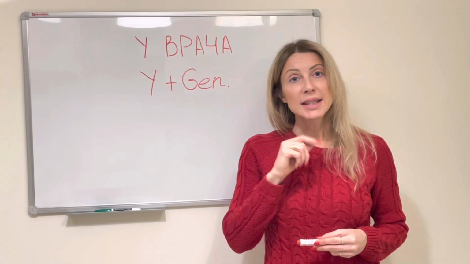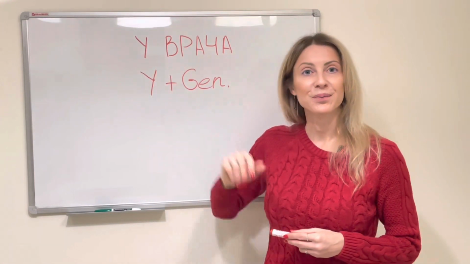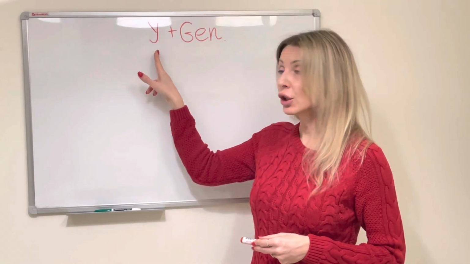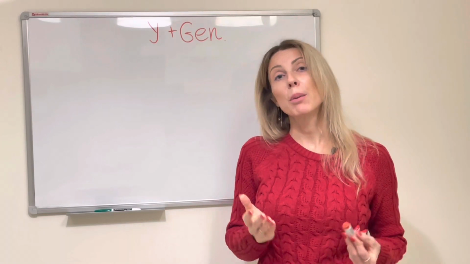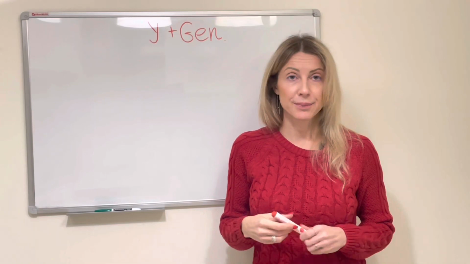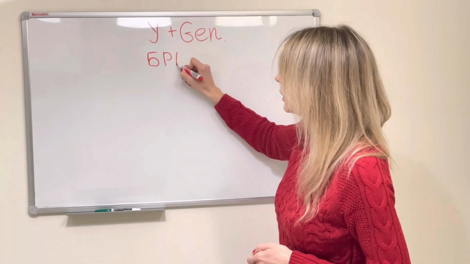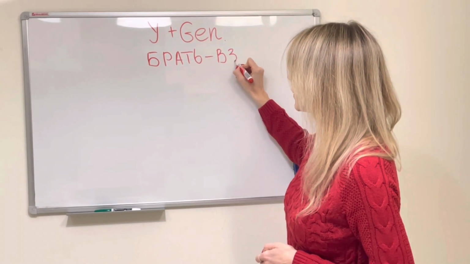Okay, the second point when we use preposition У. To take something from someone, the preposition У plus genitive is used after the verb брать, взять, and their equivalents. Брать, let's write it down. Брать и взять.